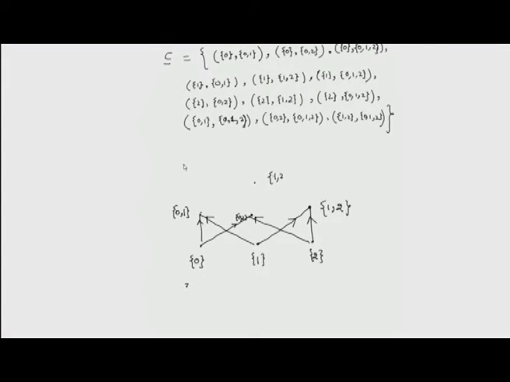And now we have only one element left, that is 0 1 2, and then we see that 0 1 is a subset of 0 1 2, 0 2 is a subset of 0 1 2, and 1 2 is also a subset of 0 1 2.